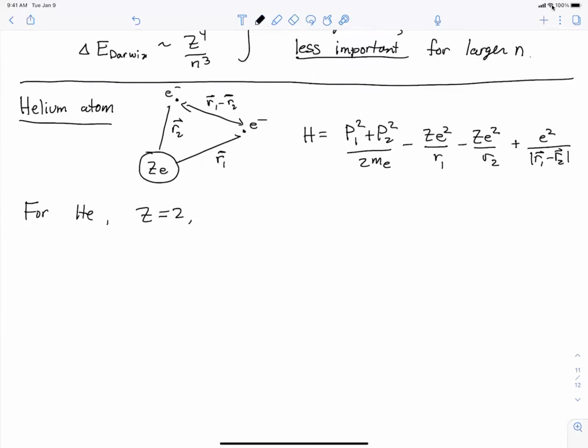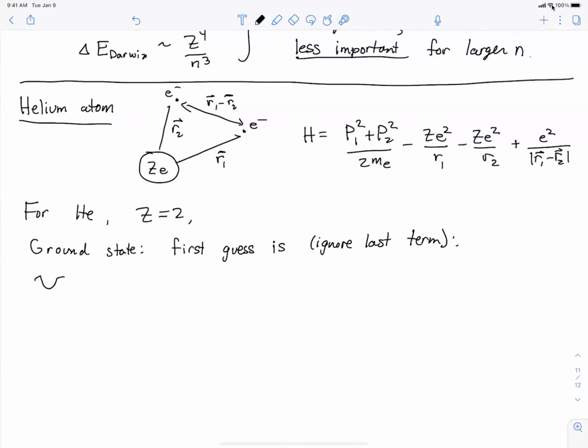And then when we did the ground state, remember our strategy was to make a first guess, and that was just to ignore the last term. Of course, you have to put it back in later. But if you ignore the last term, then your guess for the total state of the system, written as a wave function, depends on r1 and r2 and the spins.